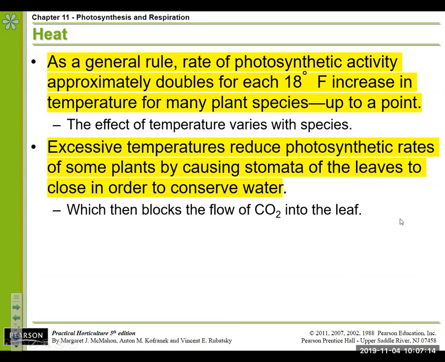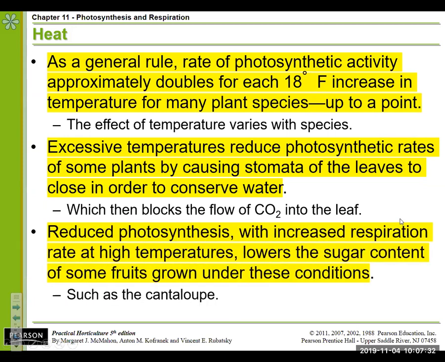Excessive temperatures, as we mentioned earlier, will reduce photosynthetic rates of some plants, mostly because it's causing the stomata, those pores on the undersides of the leaves, to close so that they are keeping that water vapor in the leaves and conserving water. That in turn is also going to block the flow of carbon dioxide into the leaf, which is going to reduce photosynthesis. If we continue to have reduced photosynthesis but still have increased respiration at higher temperatures, that can lower the sugar content of fruits grown in these conditions.